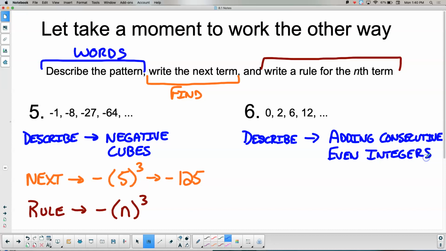We say it like that? Does that make sense?